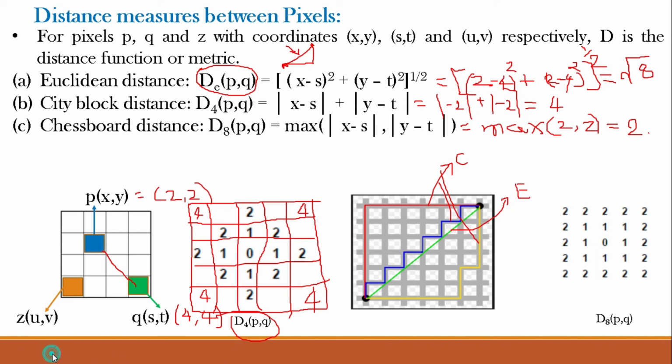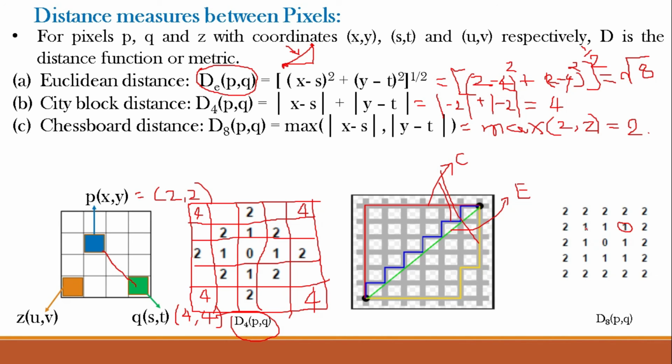Now we need to calculate the value of this particular pixel. The value between this pixel and this pixel is 1, and between this pixel and this pixel is again 1, and the maximum of 1 comma 1 is 1, and therefore the value of this pixel is 1.